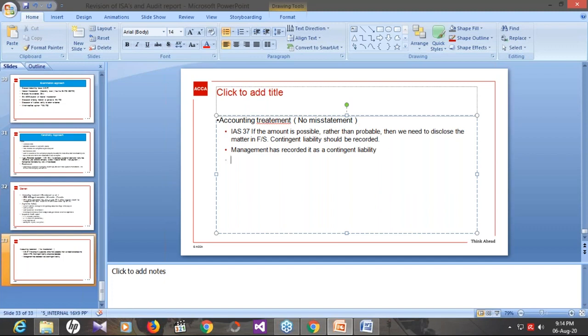But before going towards the audit report, we should consider further actions that need to be taken in this regard.